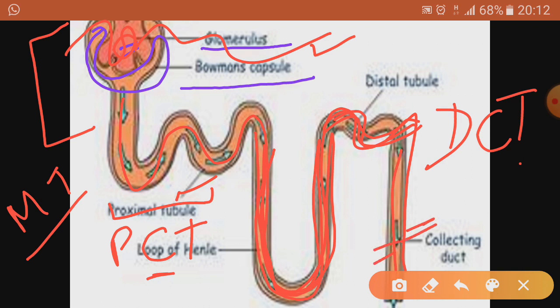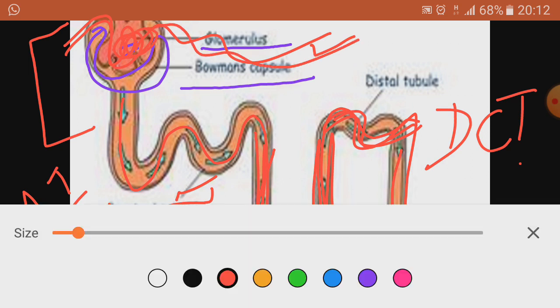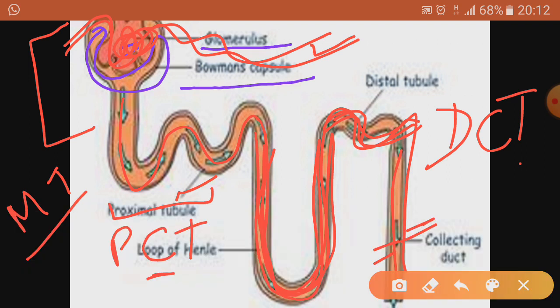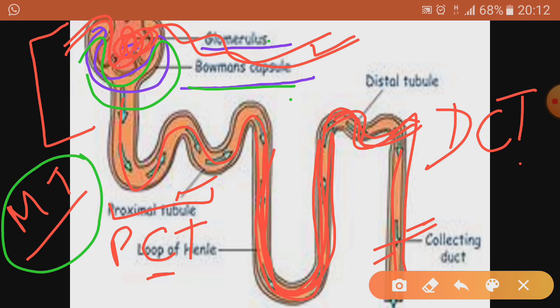So I am repeating once more. The network of blood vessels is called glomerulus. Now this cup-like structure is called Bowman's capsule, and glomerulus plus Bowman's capsule is called the Malpighian body, which we have just studied in the slide before this one.